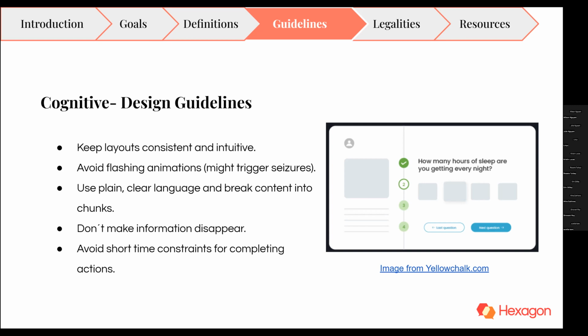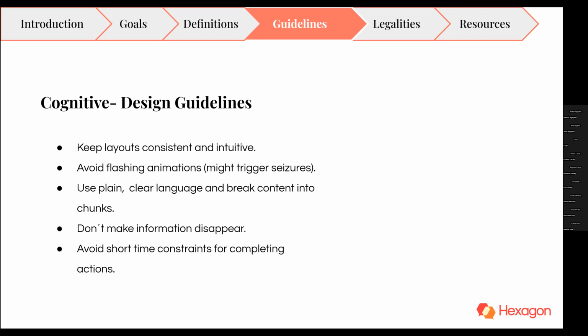It has to be plain and clear. I was taking an accessibility course, and they had a tip. They said that a 9th grade level of speech is the best to make content understandable and interesting. So that might help us.